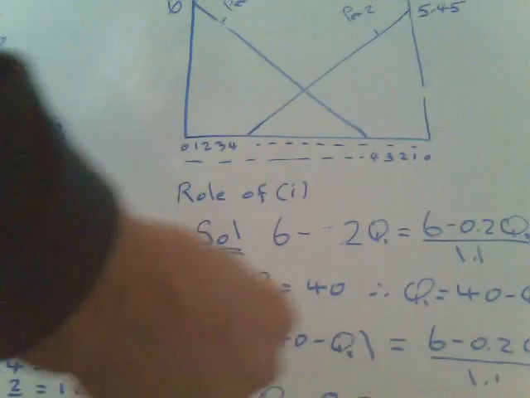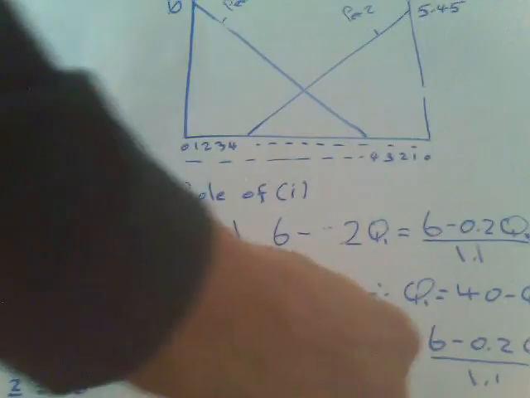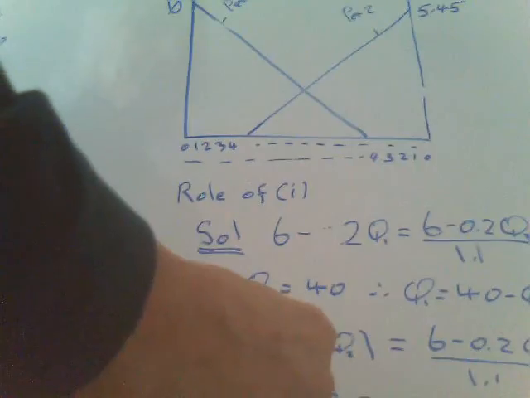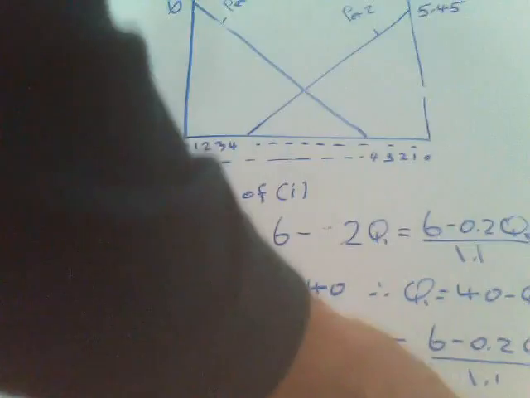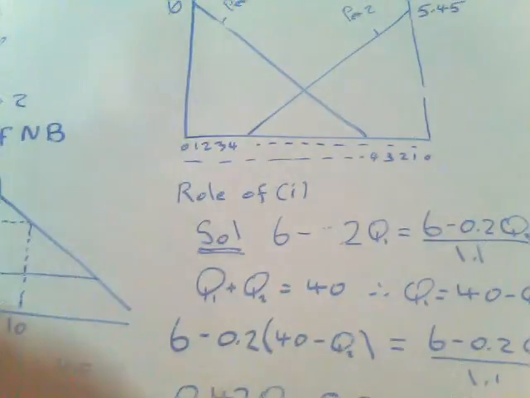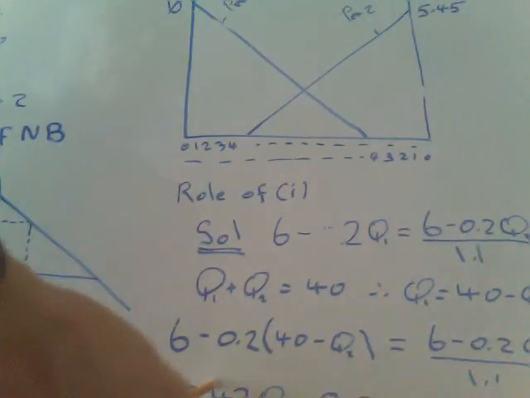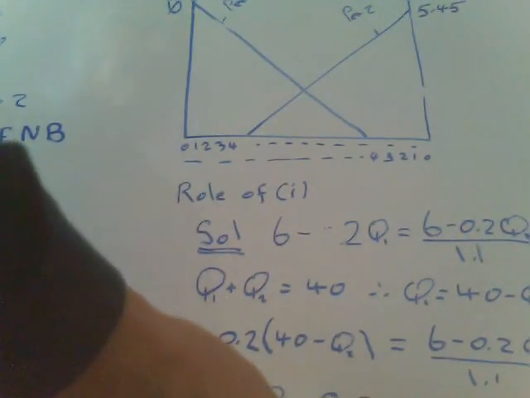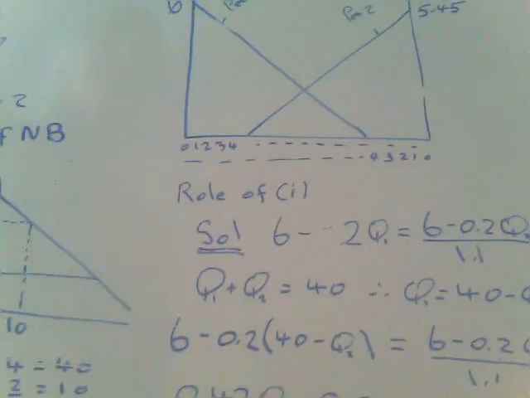What you do is expand this, then multiply all of it times 1.1, and put all the q sub 2 on one side, and obviously the numbers on the other side, and so you get 0.42 q sub 2 is equal to 8.2.